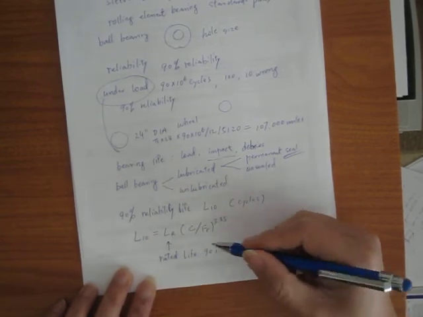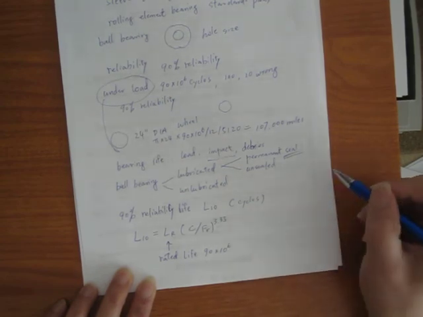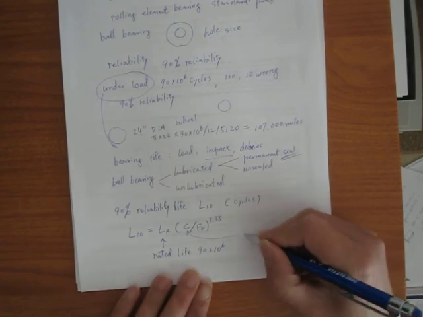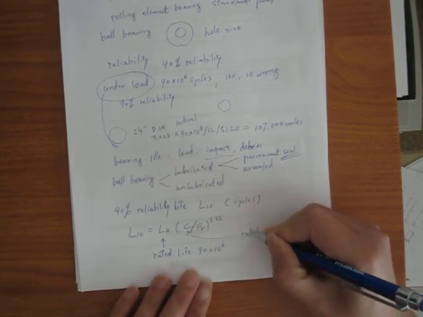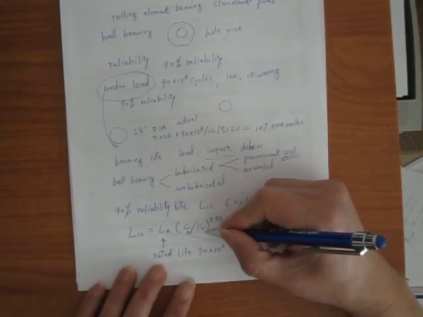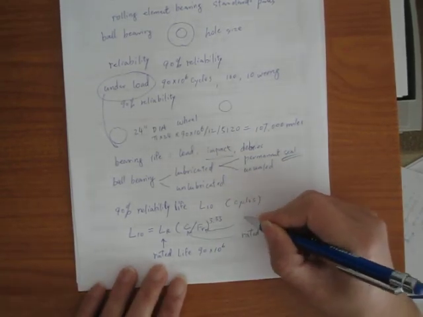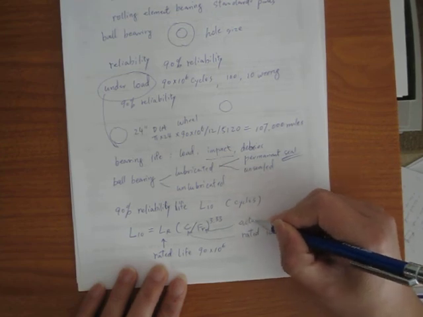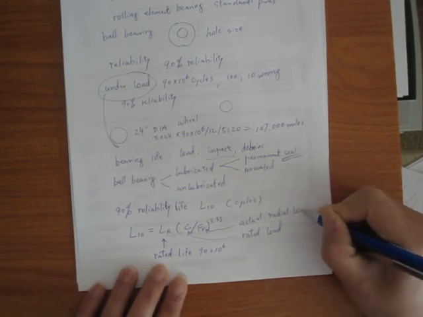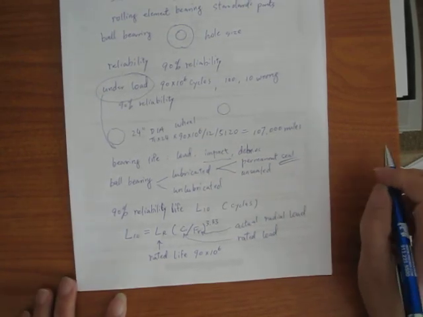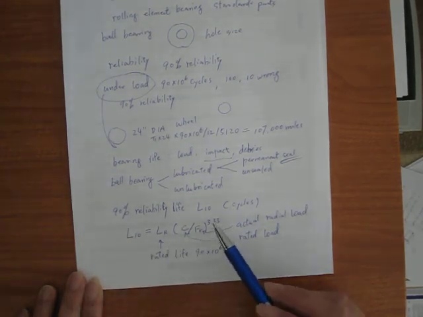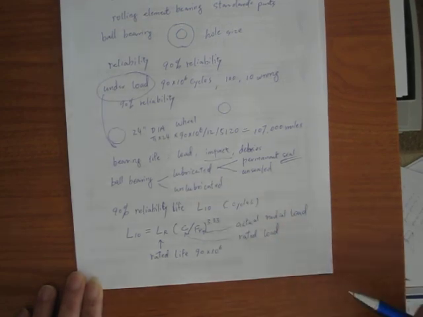C is the rated load, and FR is the actual radial load. Okay, so this is the formula: L10 equals LR times this number here.